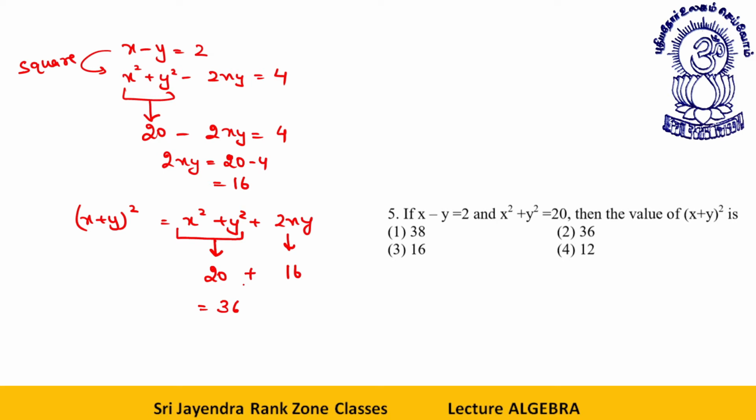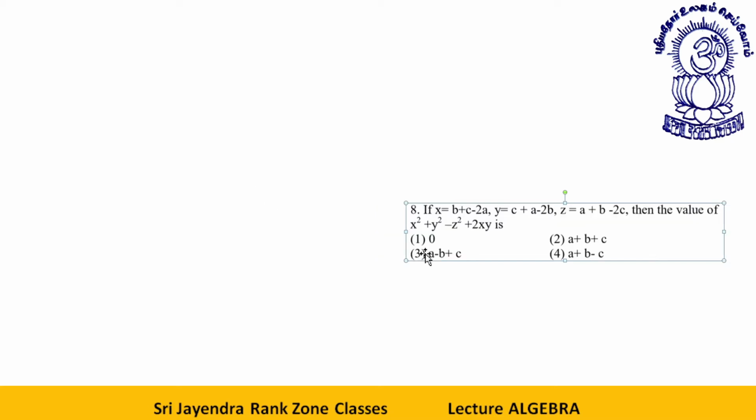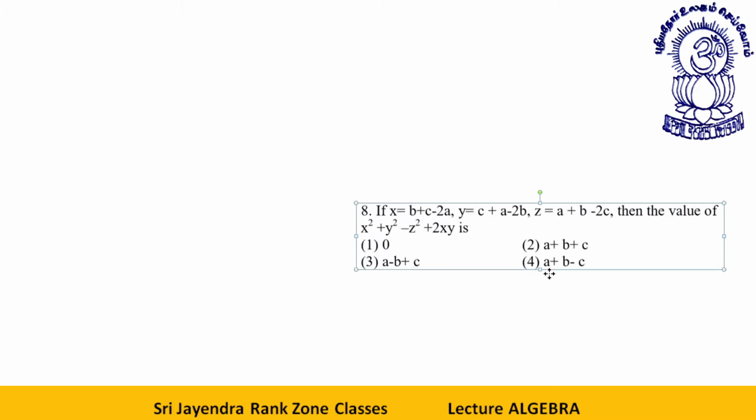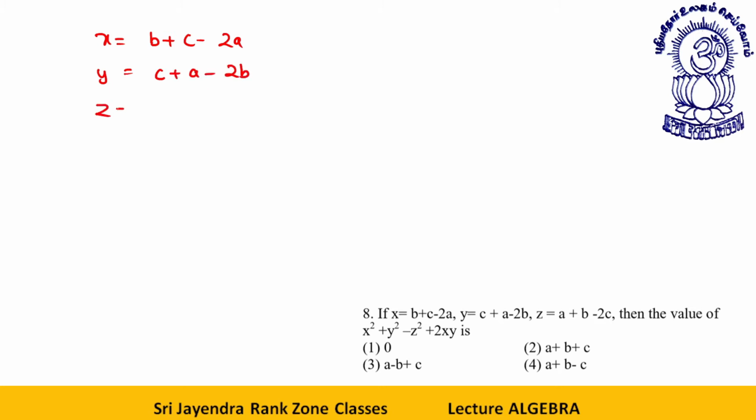Okay, let's take another question. x is equal to b plus c minus 2a, y is equal to c plus a minus 2b, z is equal to a plus b minus 2c.